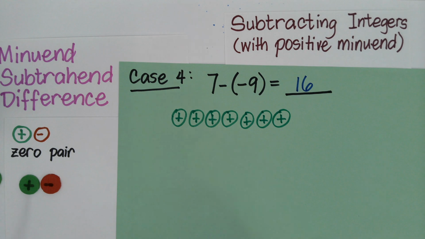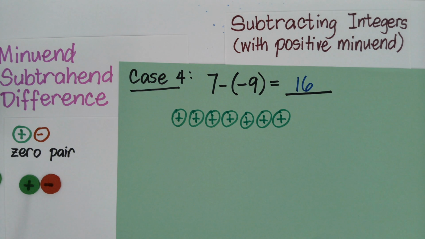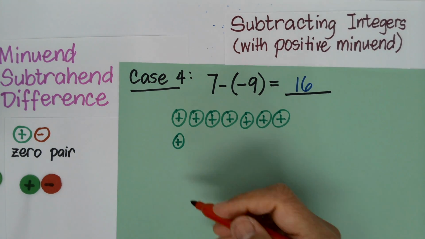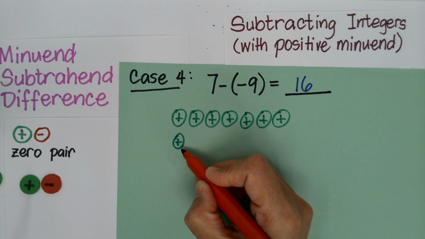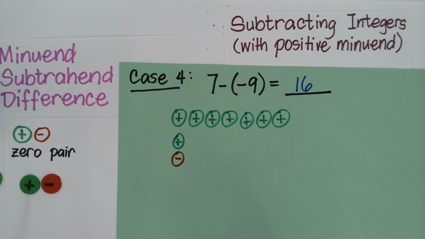And because we need 9 negative discs, we are going to introduce 9 zero pairs. A zero pair is made up of a positive and a negative.